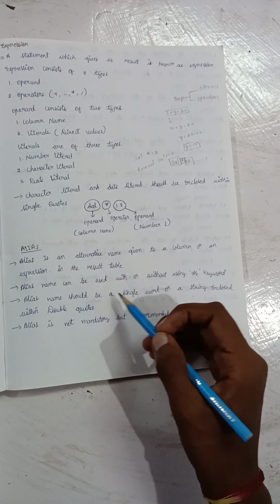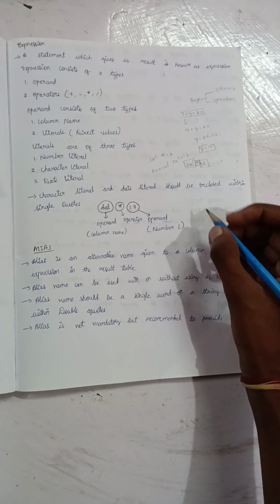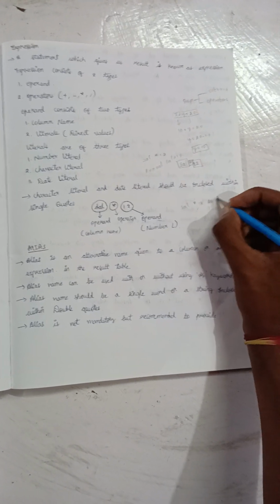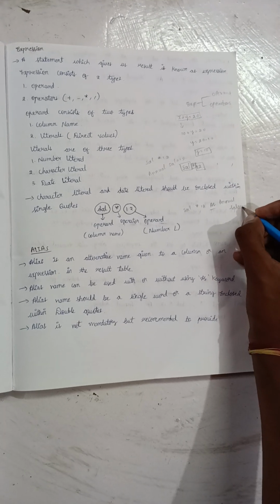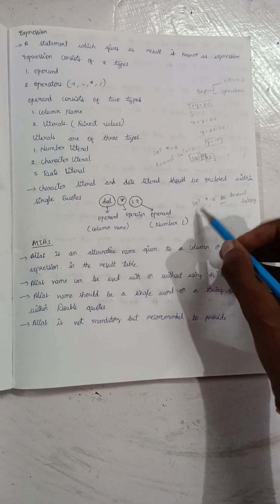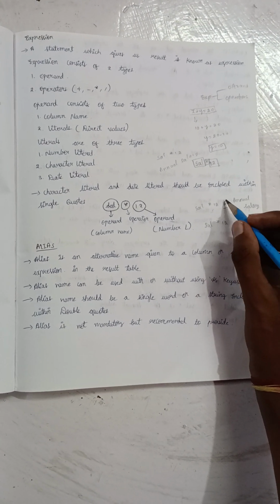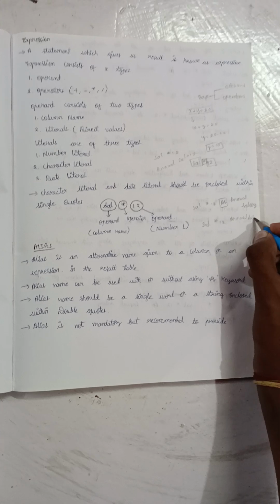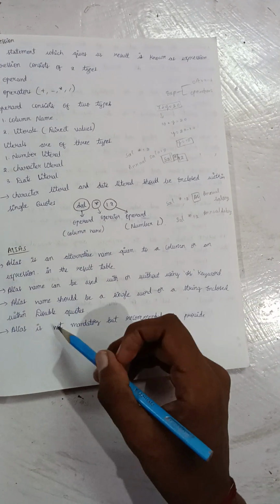An alias name can be used with or without the AS keyword. The syntax is salary into 12 as annual salary. AS is a keyword, and we can use it or leave it out; for example, salary into 12 annual salary. But an alias name should be a single word or a string enclosed within double quotes.